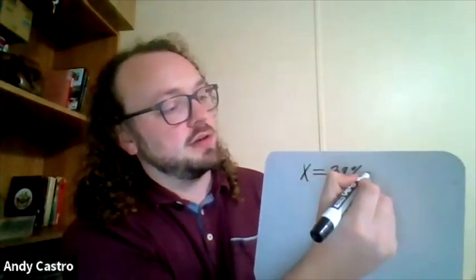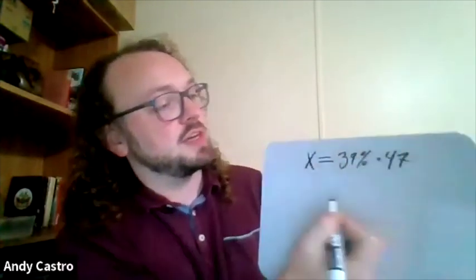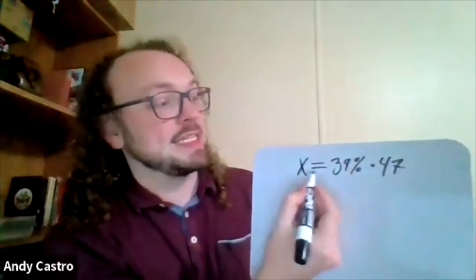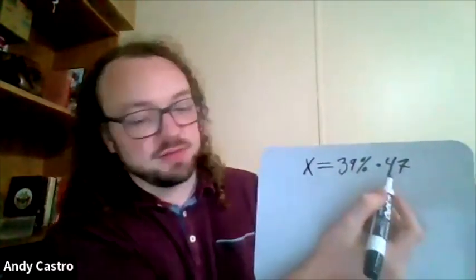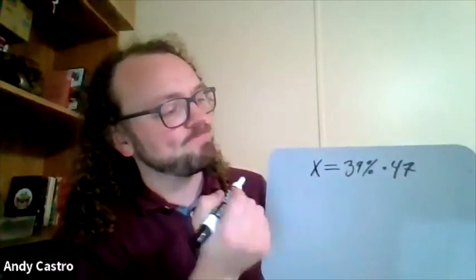Is means equal, and then 39%, I'm going to use a dot for multiplication and an x for my variable, of 47. So this says x equals 39% of 47, which is the same as asking, what is 39% of 47?